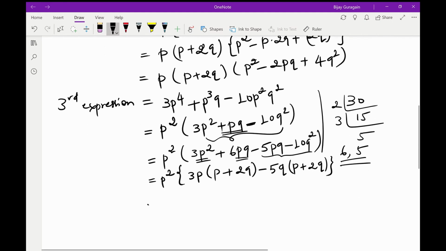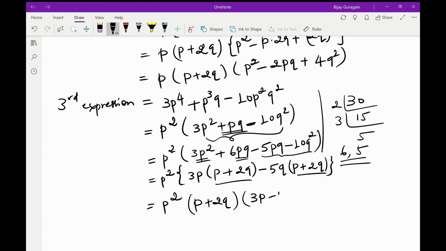So the final expression for the third one is p²(p + 2q)(3p − 5q).